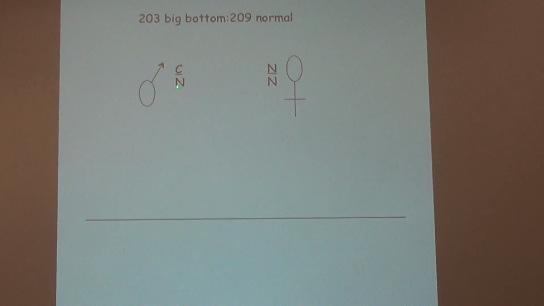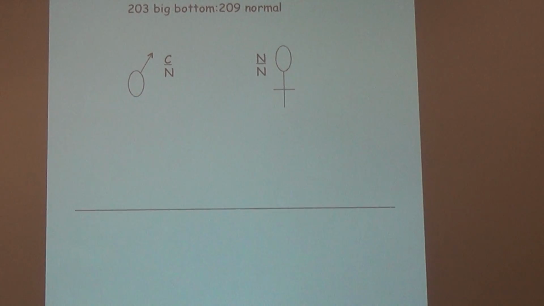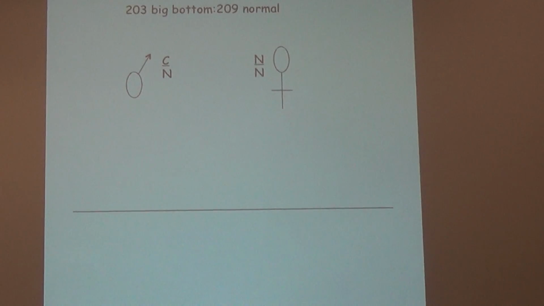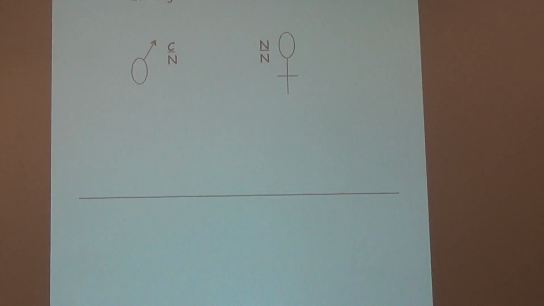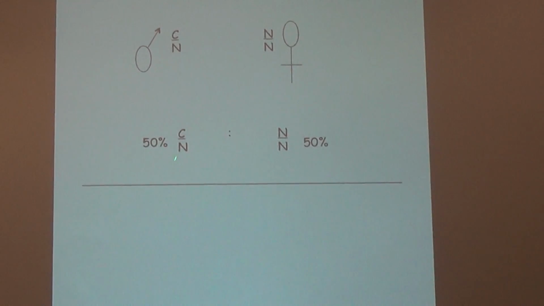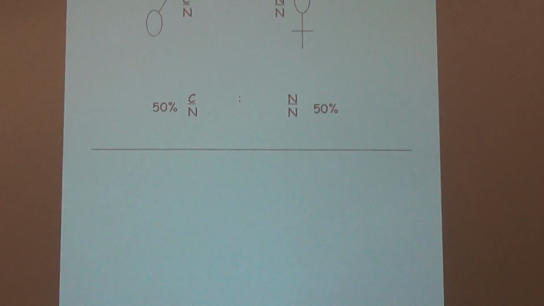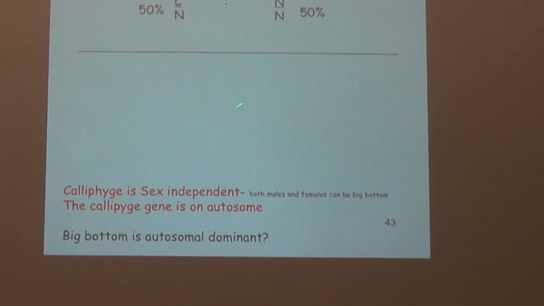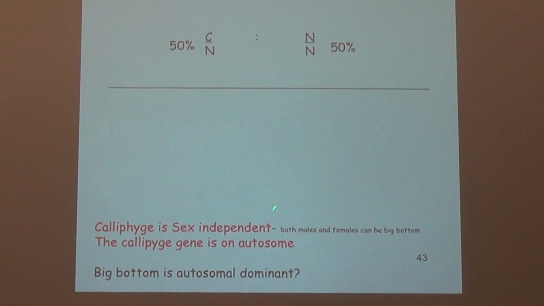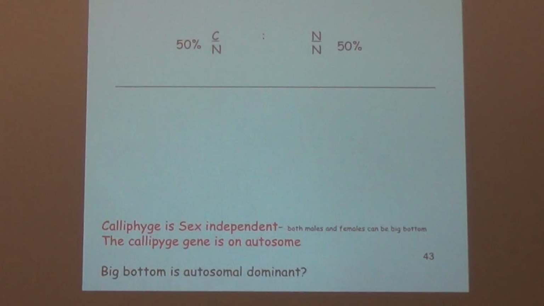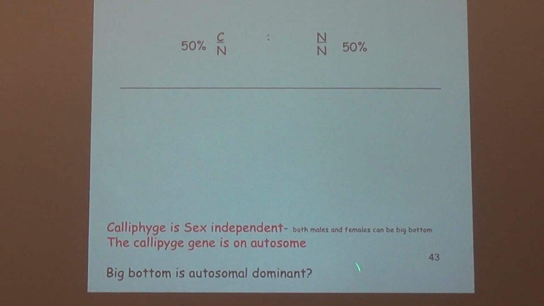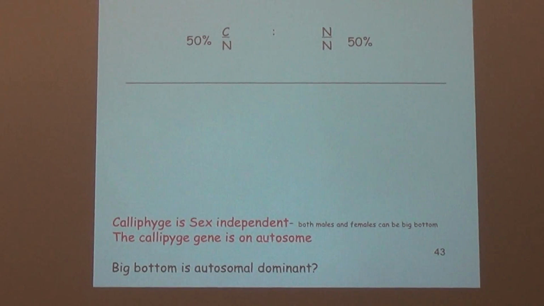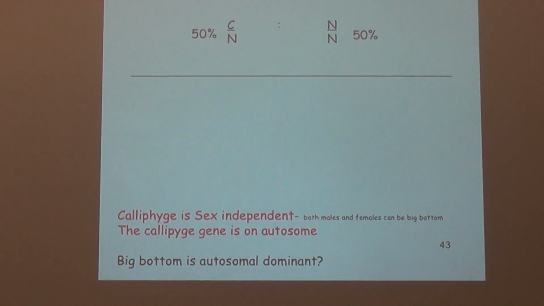Because you're getting C over N and N over N. So it's most likely an autosomal dominant gene. 50% C over N, 50% N over N. And I told you already that Callipyge is not on the X chromosome. It's sex independent. It's an autosomal gene. So from this one cross, you could say it's an autosomal dominant gene.